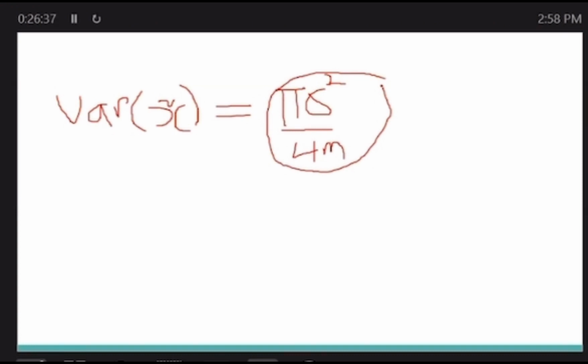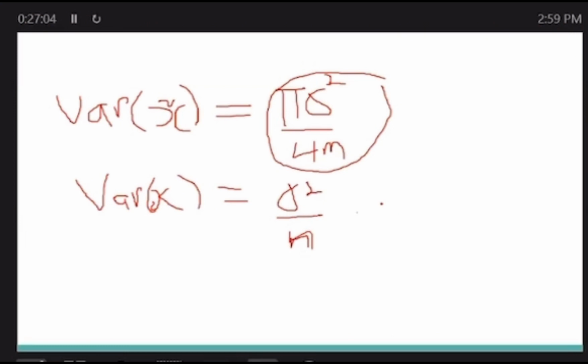Because of that, the variance of the random variable, where the random variable is the mean, is sigma squared divided by n.